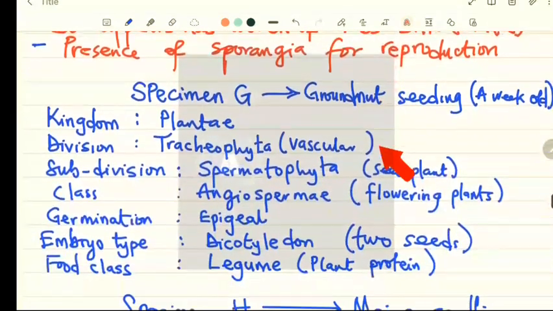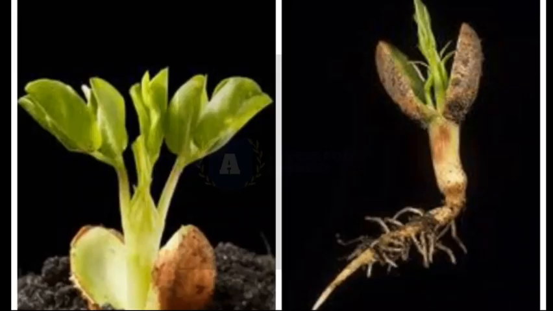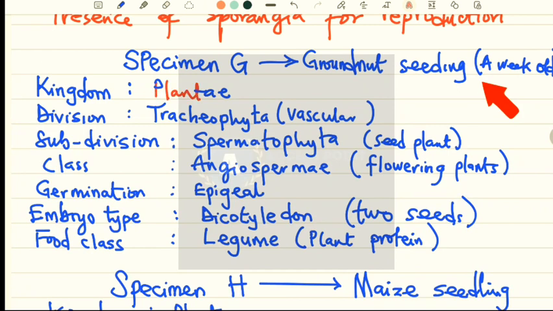So the next one is specimen G, which is the groundnut seedling, one week old. You need to note that, look at the diagram, a week old groundnut seedling. So its kingdom is plant, and it has a division which is Tracheophyta.